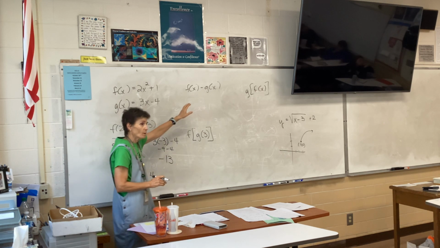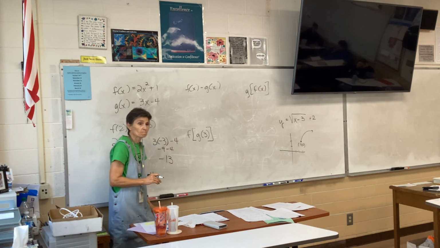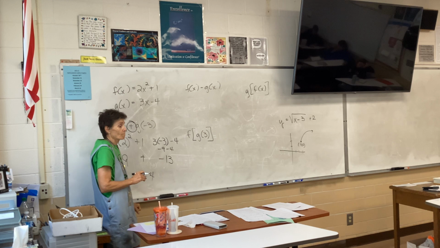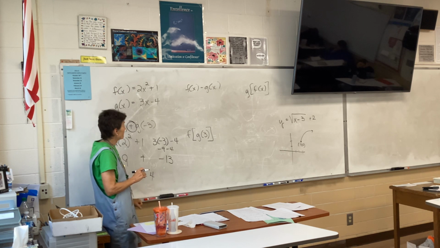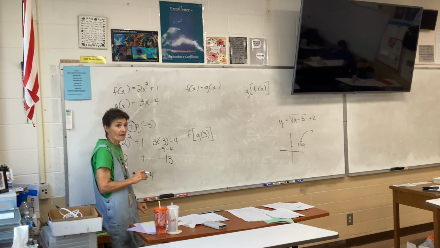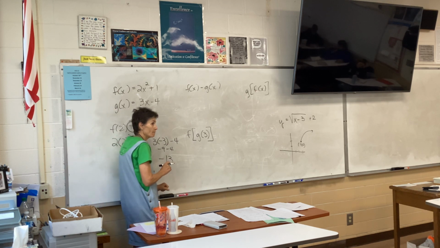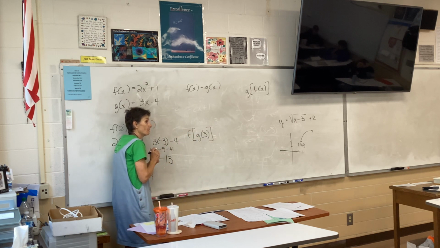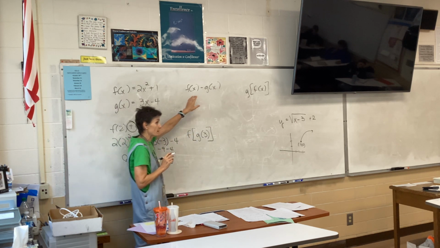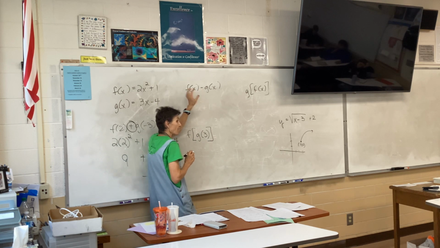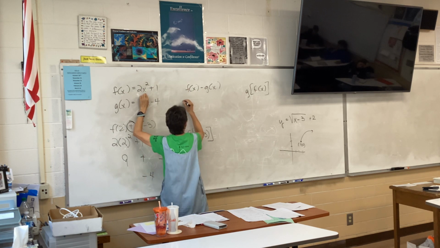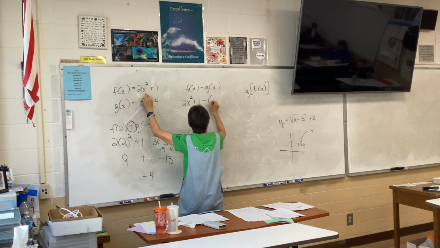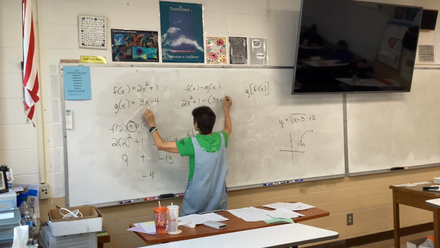Okay, what do I do here? f of x minus g of x. What do I do with that? Did you do the same thing except subtract like the bottom? Well, except there's no numbers in here. So this says just take f of x, which is 2x squared plus 1, and subtract g of x.